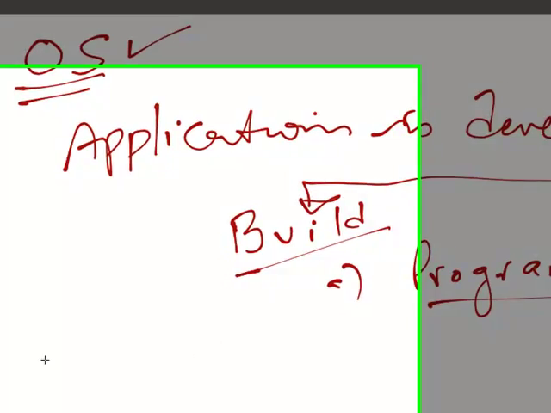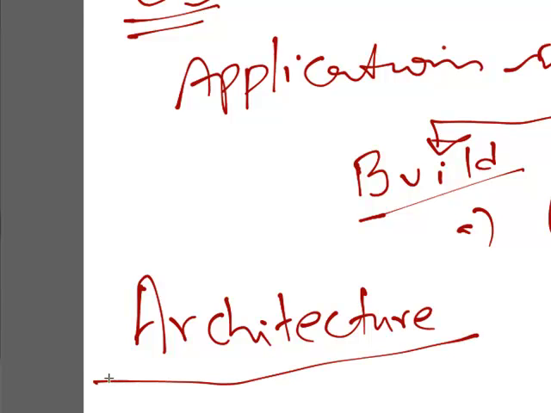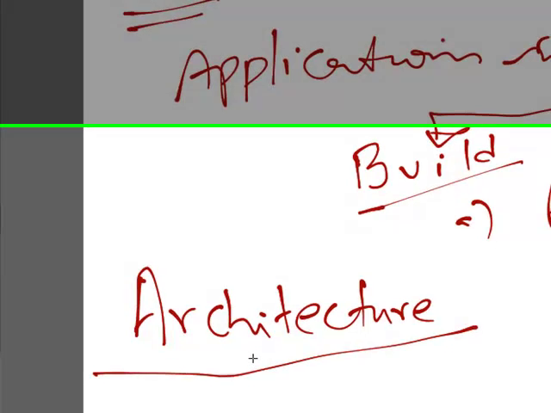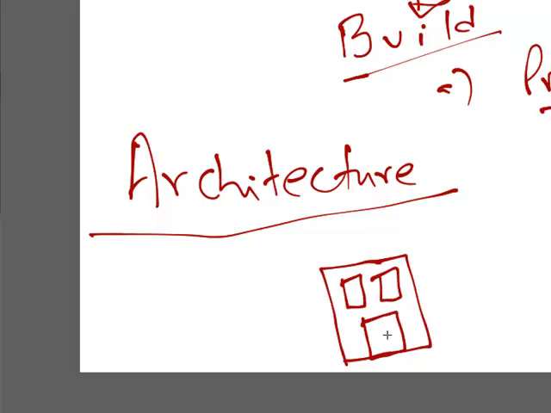So we need to know a little bit about the architecture of your app. When you're talking about the architecture, let's say this is a house, and you are the engineer who has been hired to test if this house is built properly or not.